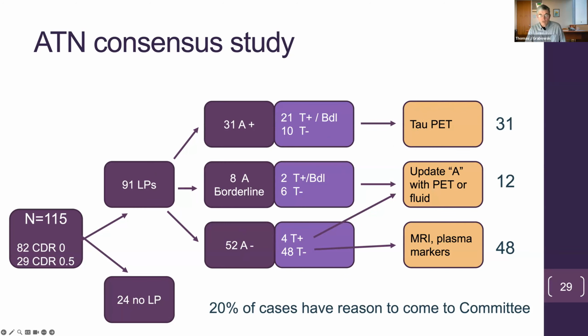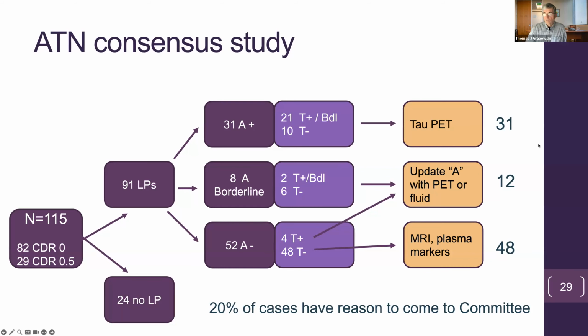And then a borderline group that either has borderline amyloid values or conflicting information, like amyloid negative but tau positive, that we would then do a follow-up amyloid measure with amyloid PET to determine whether they are in the amyloid positive group or not after all.